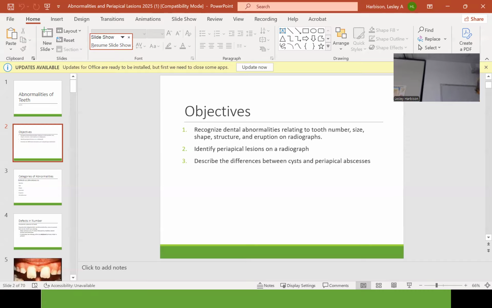So that'd be a supernumerary. Sometimes people have an extra premolar or something like that. So those are supernumerary. But very specifically, if there's an odd little small shaped tooth in between 8 and 9, specifically that's called a maxillary mesiodens.